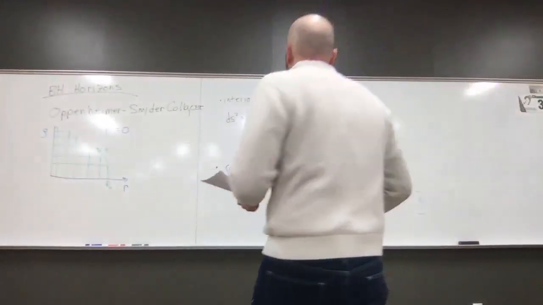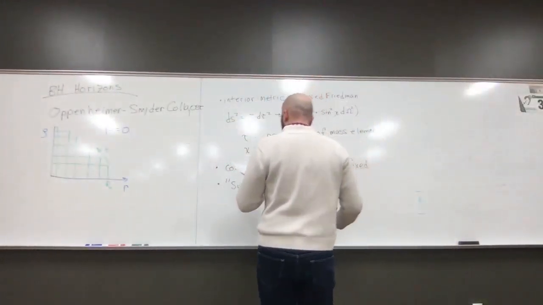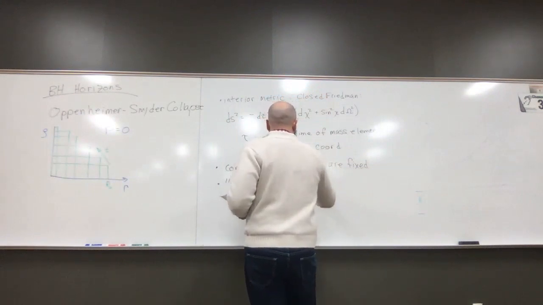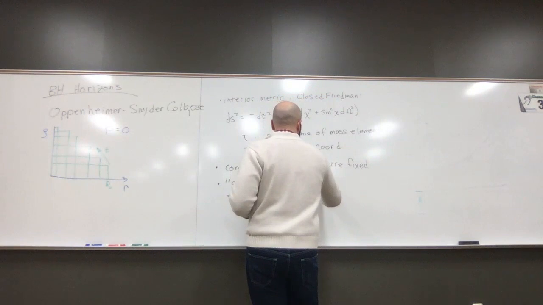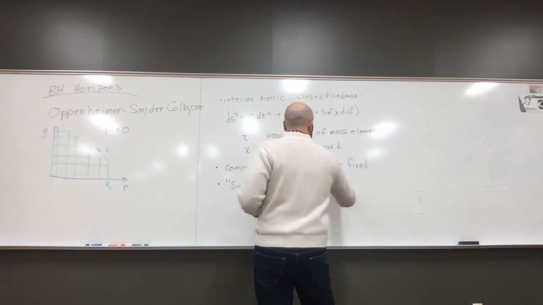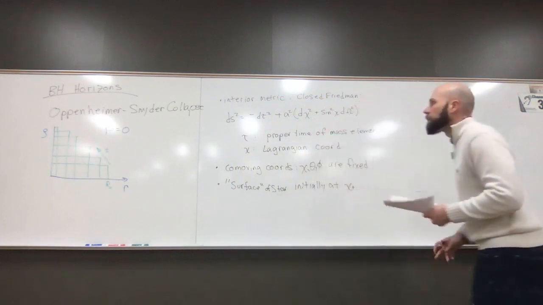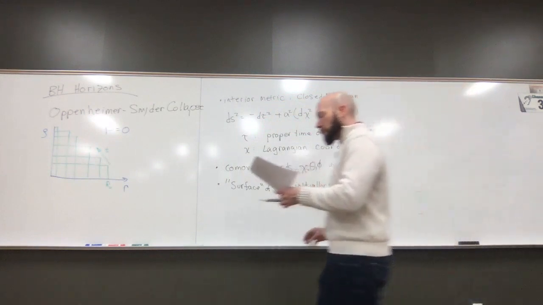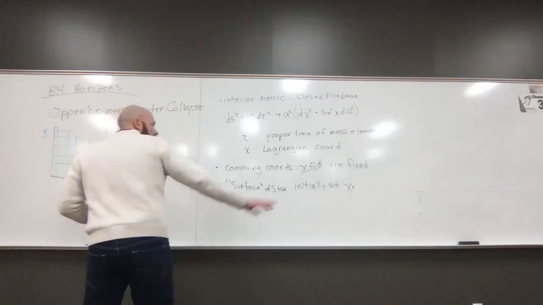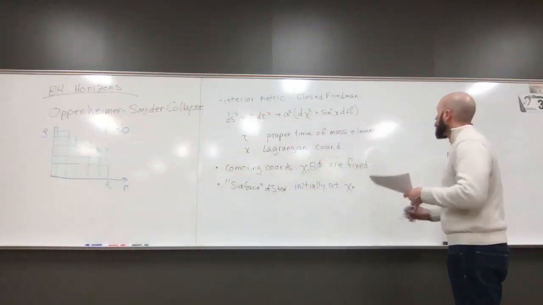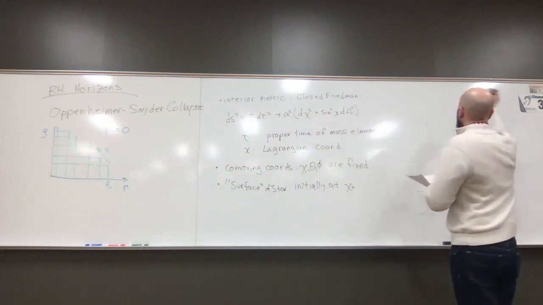Great. Okay, so the surface of the star is initially at what we'll call chi naught.